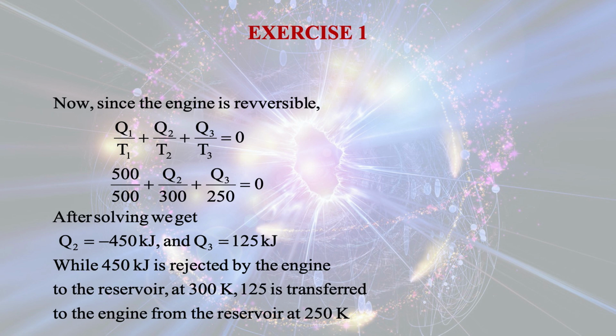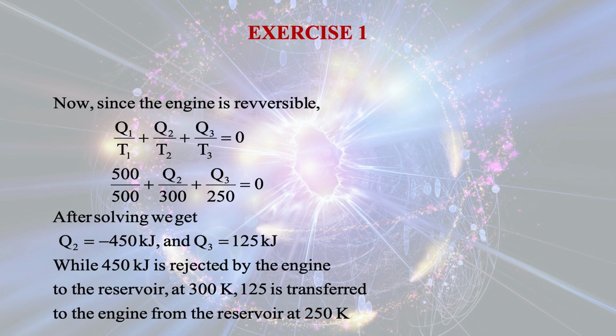So Q1 is given as 500 and T1 is given as 500, plus Q2, T2 is given as 300, T3 is given as 250. So 500 by 500 plus Q2 by 300 plus Q3 by 250 is 0. So we have two equations and two unknowns, so we can very easily solve.